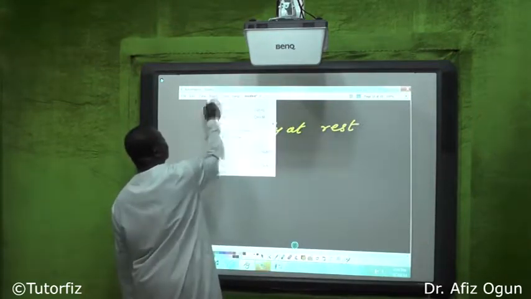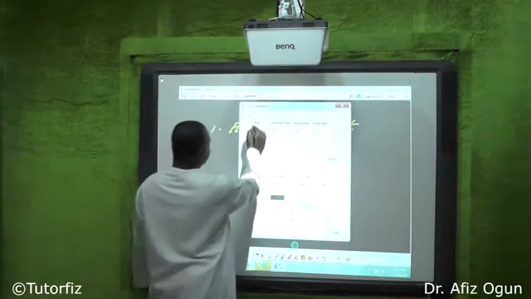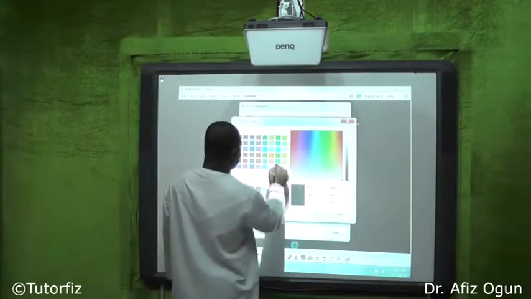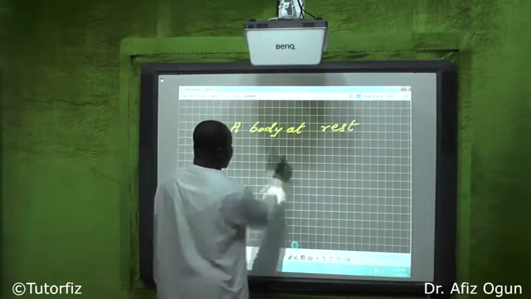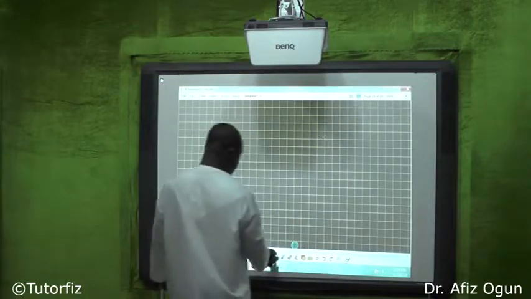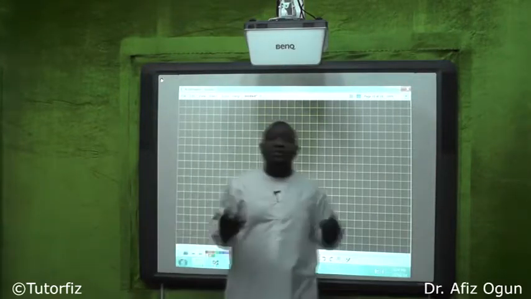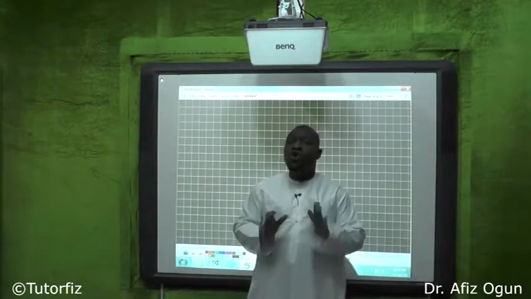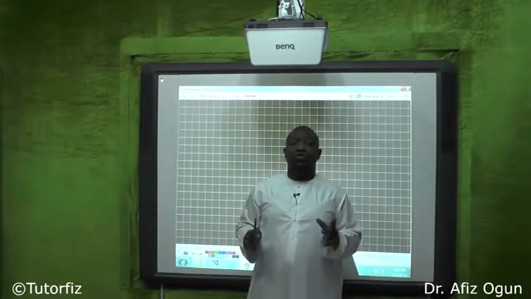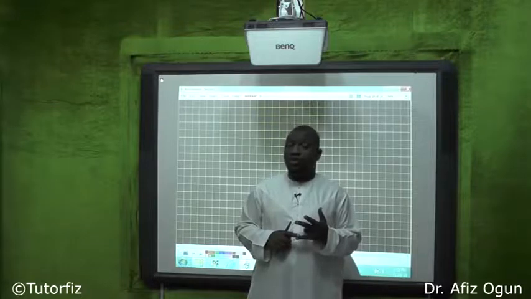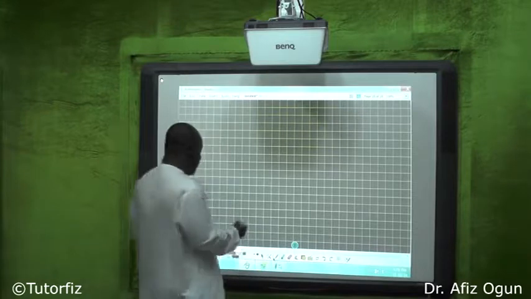For a body at rest, it means the body is not moving, but time is moving. No one can control time. Time must move. But you can control the distance. So, this time around, the body is at rest. That means time is moving, but the body is not moving.